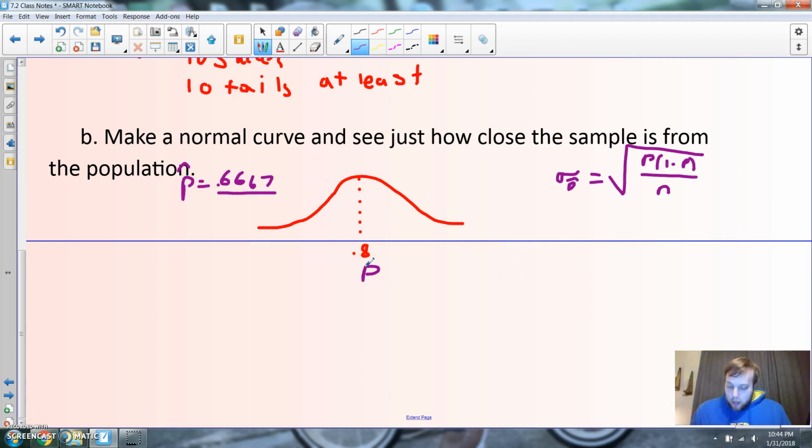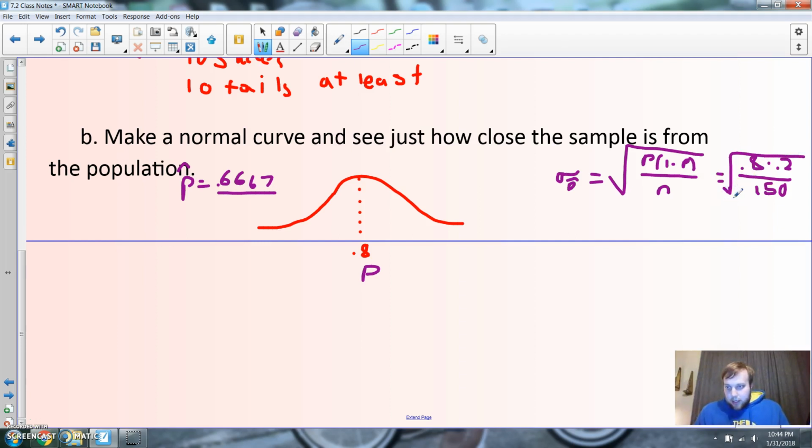So this is going to be 0.8 times 0.2, divided by, I sampled 150, so I'm trying to see exactly how wide this deviation can go, or where all my samples are going to land.